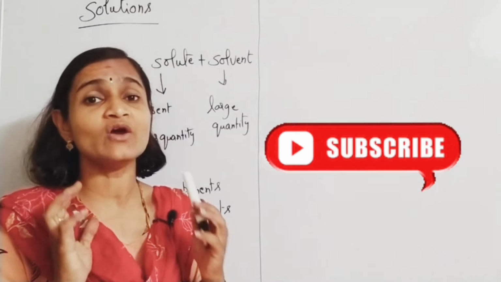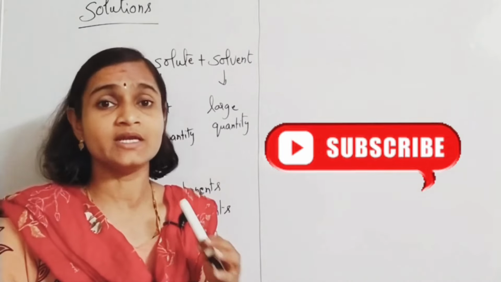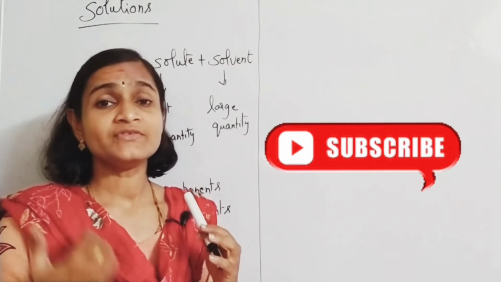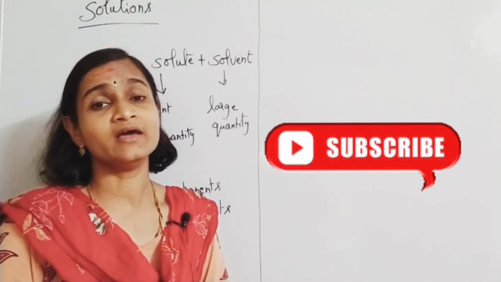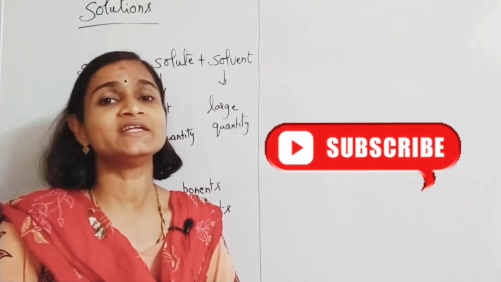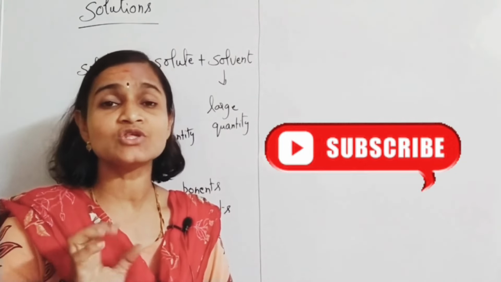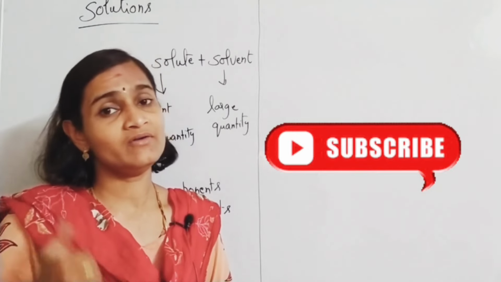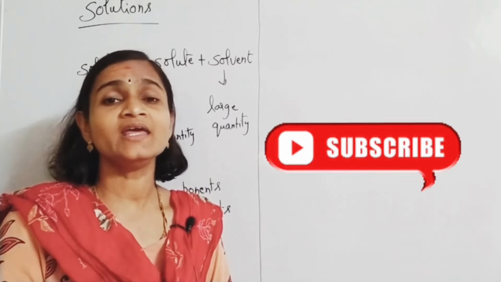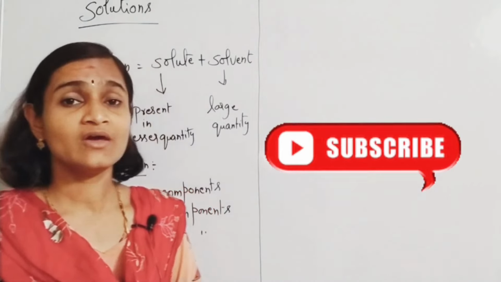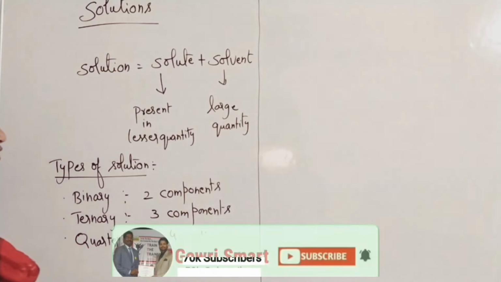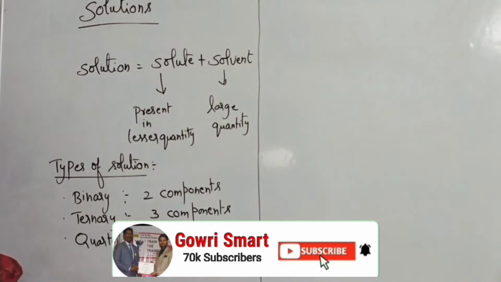Concentrated means the solute is present in large quantity in a solvent. And if the quantity of solvent is comparatively very high relative to the solute, then you call it a dilute solution. So that is one more classification of the types of solutions.